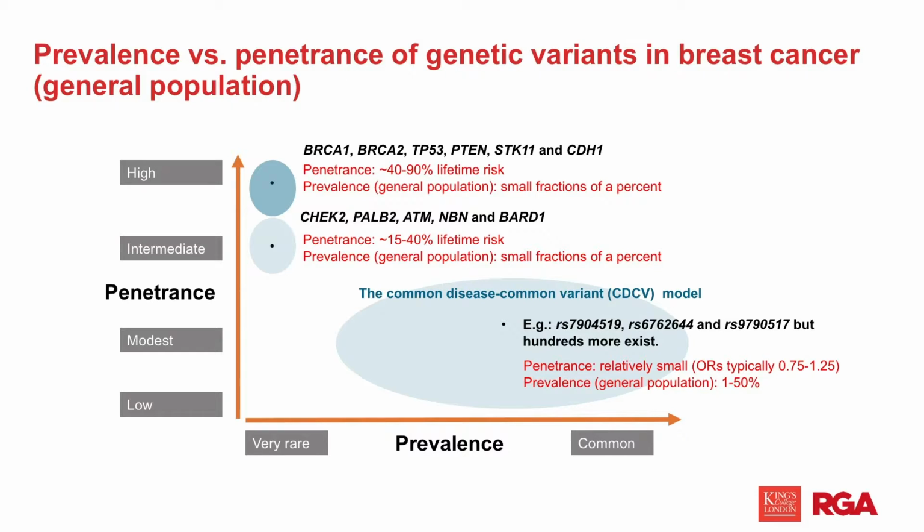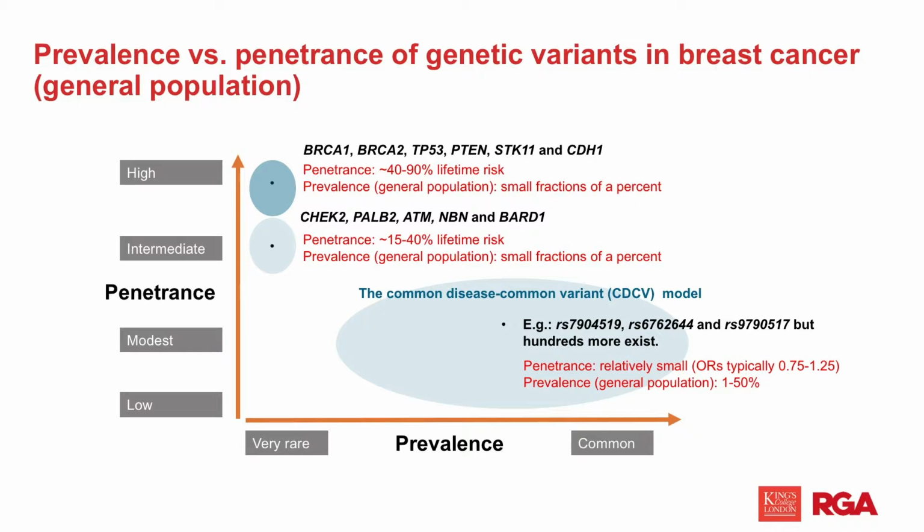So we call that a high penetrant genetic mutation. What does that mean? It means that if you carry that mutation, the lifetime risk of developing breast cancer is much greater. But actually, the thing about these genetic mutations is that they're incredibly rare. BRCA1 and BRCA2 occur in about 1 in 500 people in the UK.